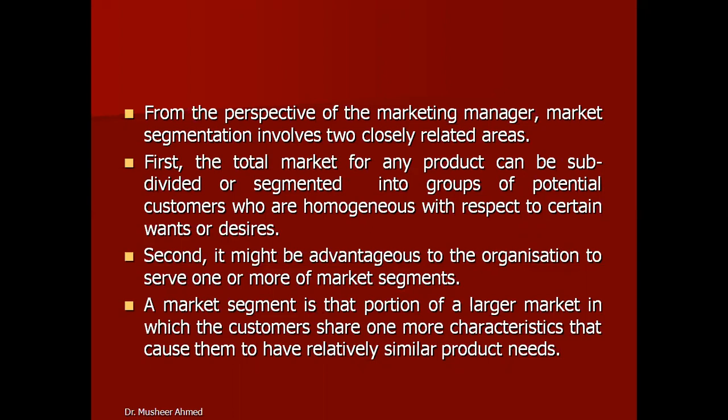A market segment is a portion of a larger market where the customers share one or more characteristics that cause them to have relatively similar product needs. And what is that characteristic that the consumers share in a segment? That characteristic is homogeneity, right? They are homogeneous in nature. They have similar needs, wants, and desires.